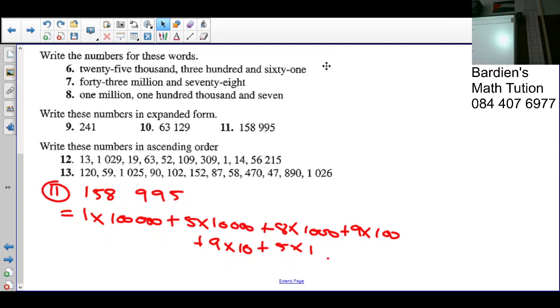Do the next one. For number 12 and 13, it says write these numbers in ascending order. What does ascending order mean? Let's call it out. Smallest to biggest. Okay? So write these numbers in ascending order.